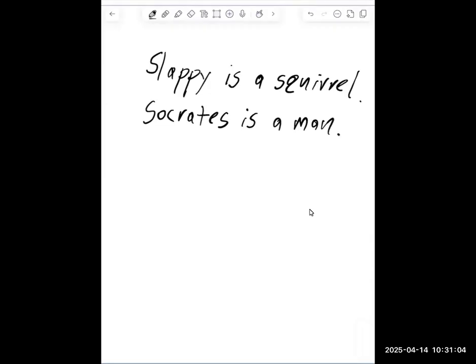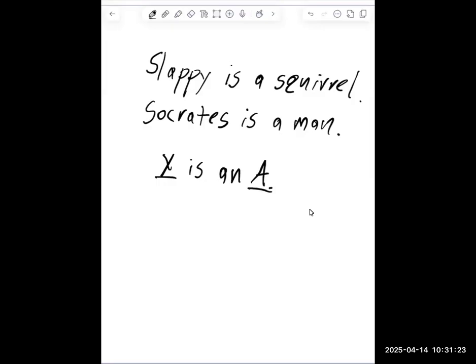How do we handle these singular statements? X is a Y. We're saying that there's this one singular thing that's in this A group.